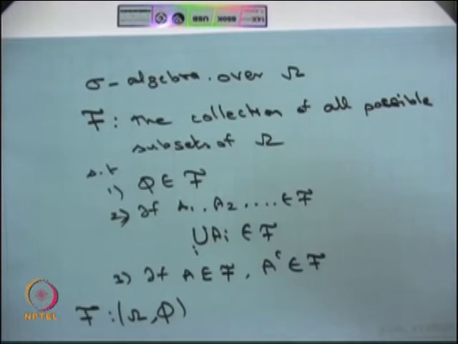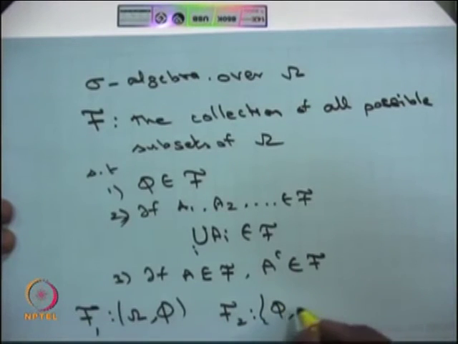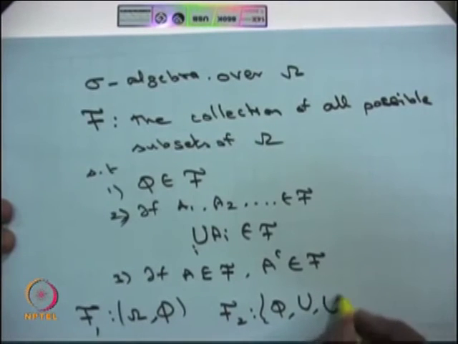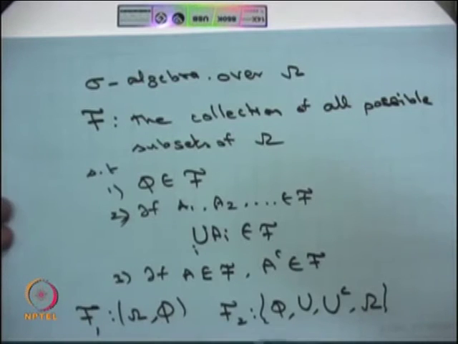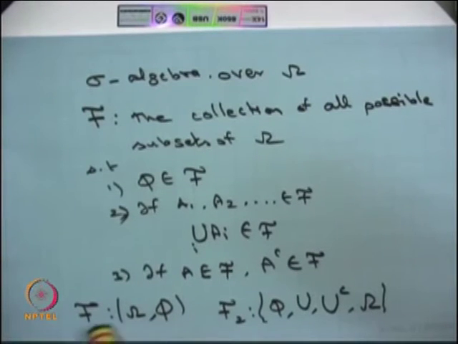Like that, I can create many sigma algebras, by taking a few elements of possible outcomes, which I make as the set A. Then I can make another sigma algebra with the empty set, a set U consisting of a few elements of omega, and U complement, and then I can have omega also. So, like that I can keep creating different sigma algebras over omega, and the trivial one is the empty set with the omega set.